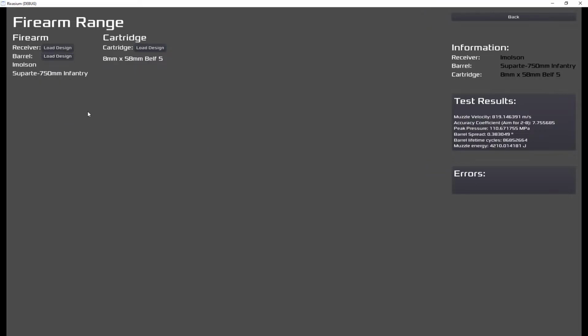Parte infantry here. 0.3 degrees. MOA in degrees. Why does the imperial system exist? Why? 1 minute of arc is 0.01, so that's 1 MOA.